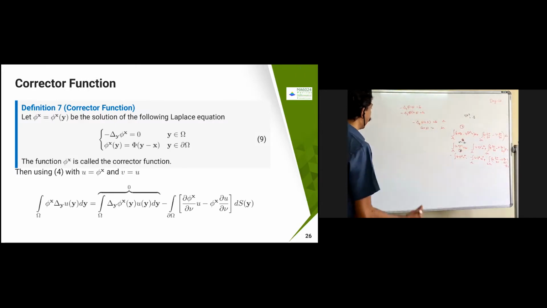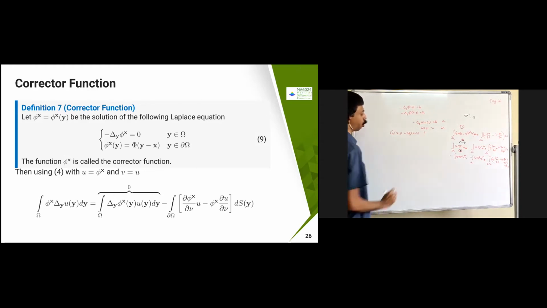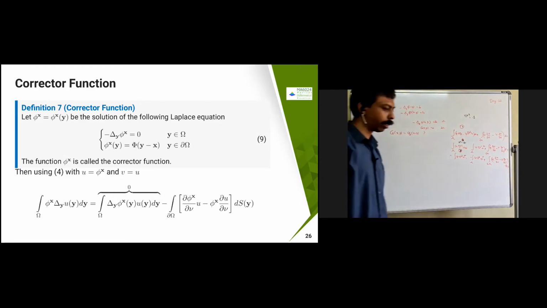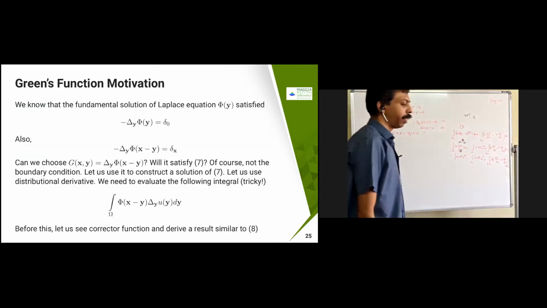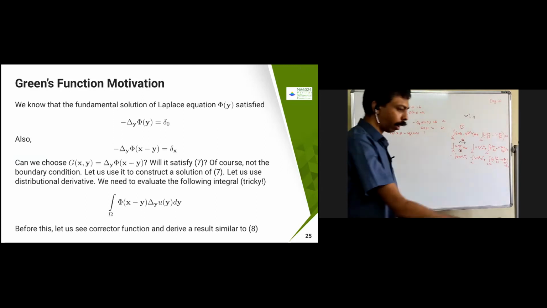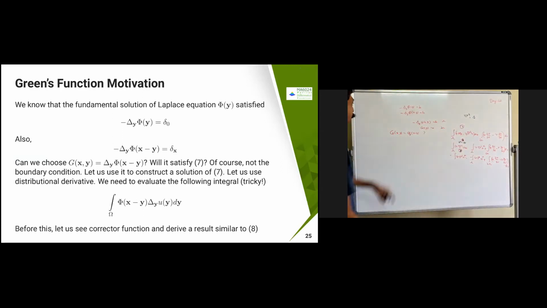Therefore the question is, can we choose g of x,y equal to pi of x minus y? Sorry, not del y; g of x,y equal to pi of x minus y. This is the question. Can we choose it?